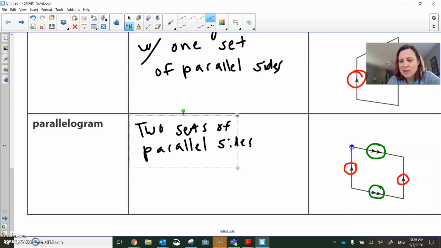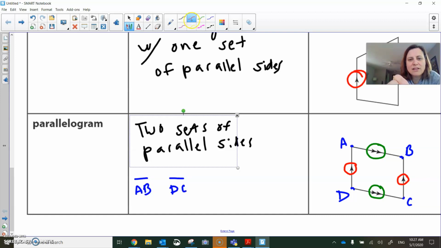If I were to name these corners A, B, C, and D, I could say that side AB and side DC are parallel to each other, and the symbol for parallel looks like two vertical lines.